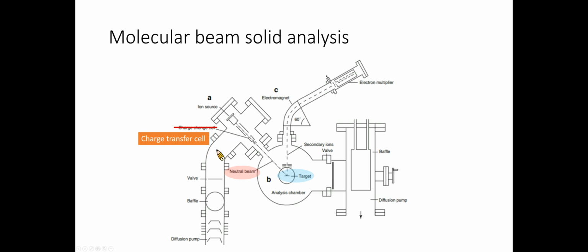The ions were accelerated by a high voltage of several kilovolts and then neutralized by transmitting the primary ion beam through a charge transfer cell with the neutral gas of the same species. The neutral beam then hit the analyte material on the target in the analytical ion source, where the analyte got ablated and became ionized.